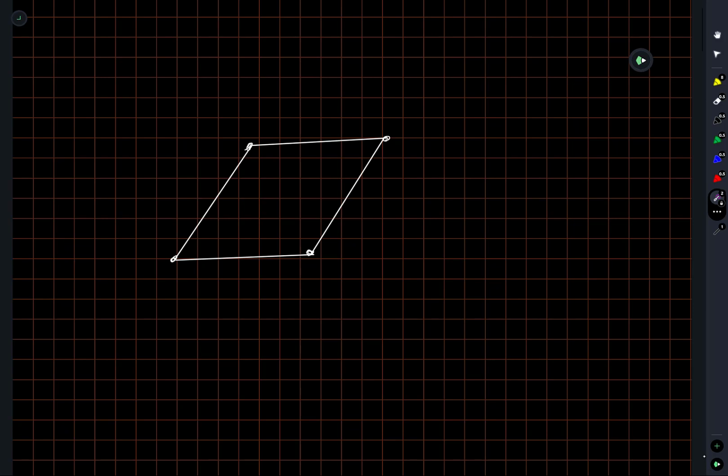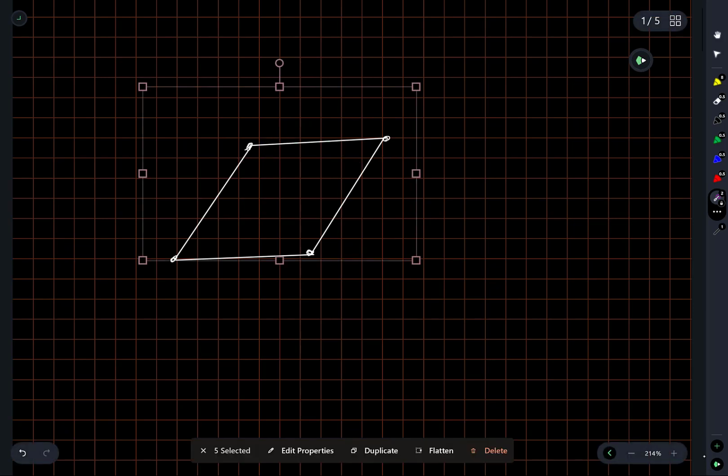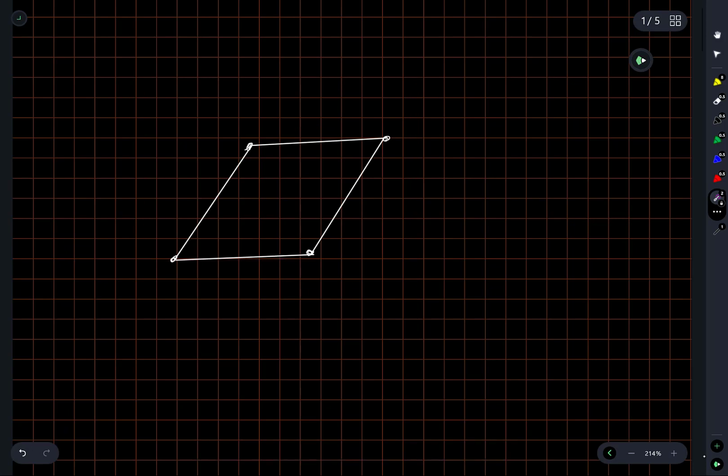Well, I guess it's not obvious if I can't state it right away, but I want to take these 2 points here and perform an operation on those 2 points, considering these ones to be fixed, to again minimize the perimeter but keep the area fixed.